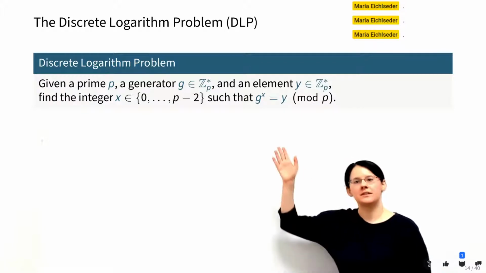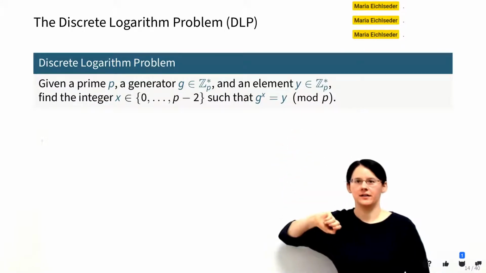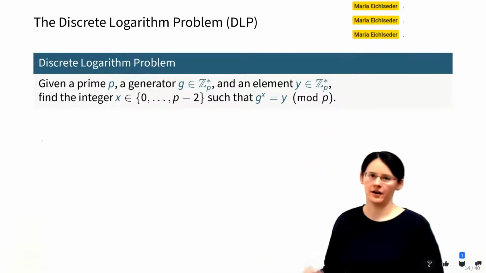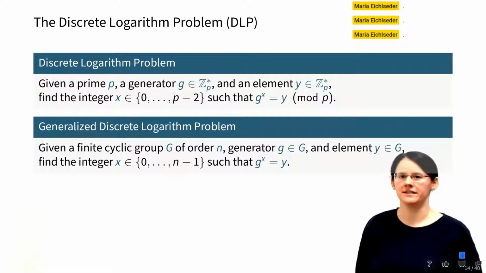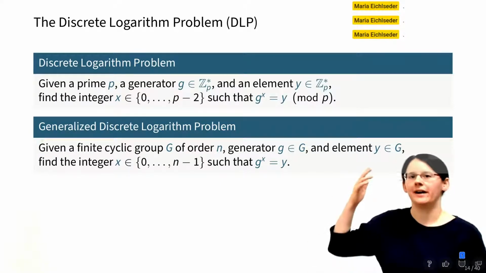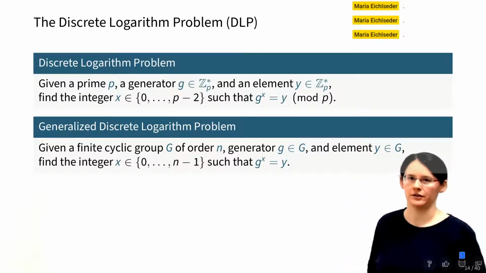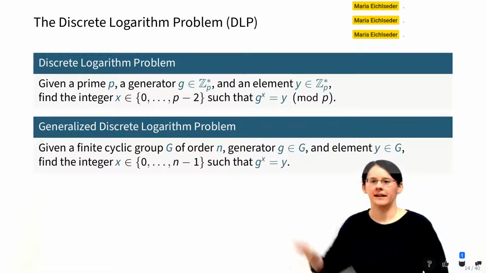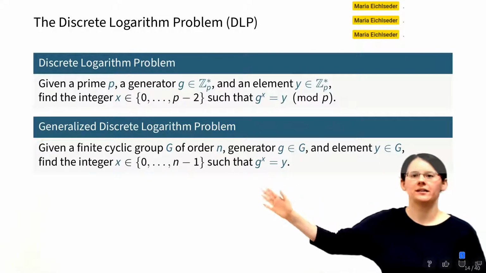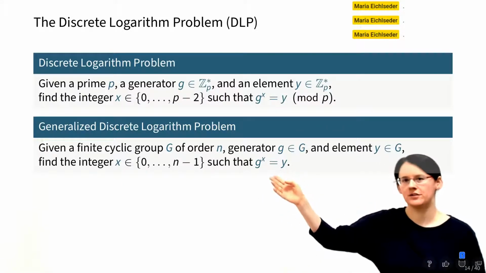And so this is the definition for the specific case where the group is the multiplicative group modulo p, but we can also define the generalized discrete log problem, which is the same problem but for any group and its generator. And again, we write it as y equals g to the power of x, assuming that we denote the operation of this group by multiplication.